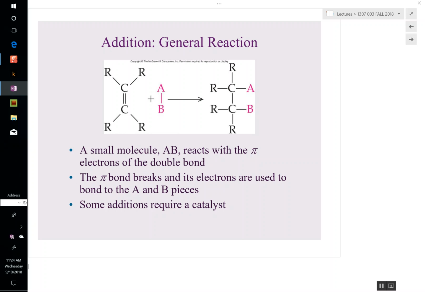Now what's the significance of that? Wherever the double bond is, that's where this reactant is going to add to the molecule. So if you give me a molecule here and the bromines end up on these middle carbons, you did something wrong. They can't end up here.